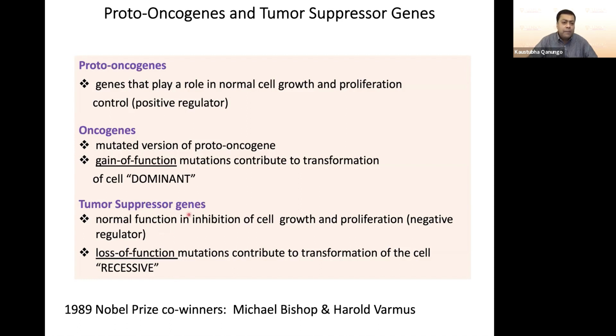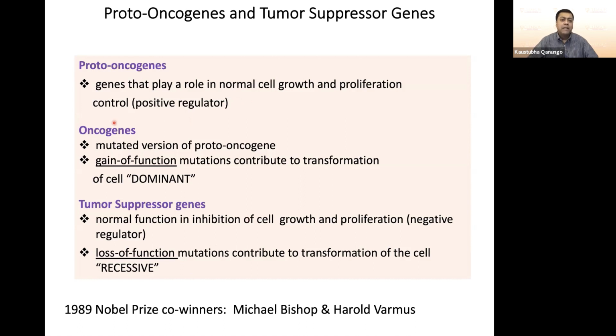If both of them are completely functional and normal, of course, you have the tumor suppressing activity. If one allele is normal and another is mutated, which is the heterozygous condition, still that is a functional gene. On the other hand, if both of them are mutated to a loss of function, then it will become a candidate for cancer-causing genes.